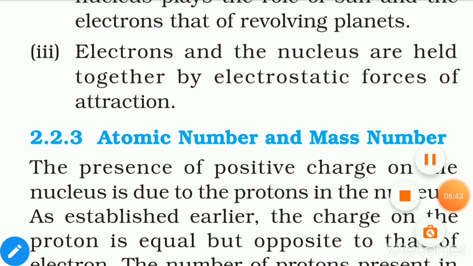This is all about the two atomic models, Thomson and Rutherford. The Rutherford atomic model also has some limitations. One, it cannot explain the stability of the atom, and it cannot explain the experiments developed later on.